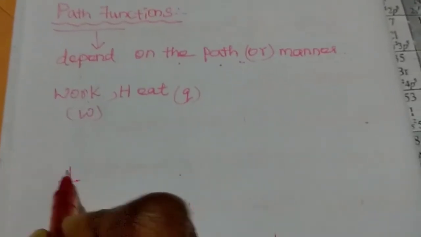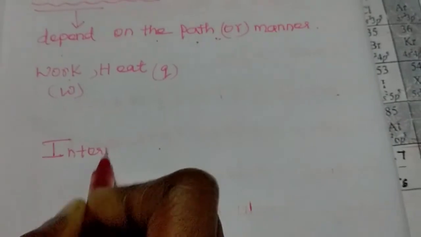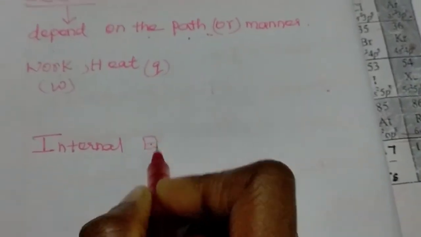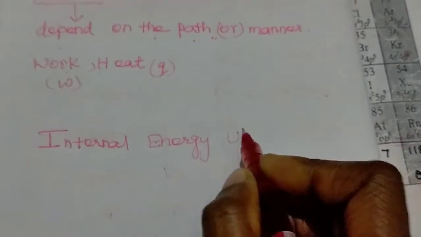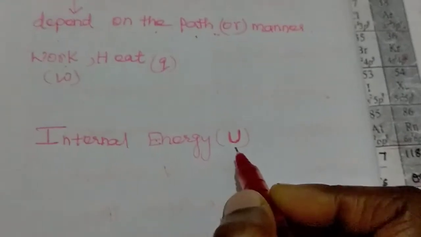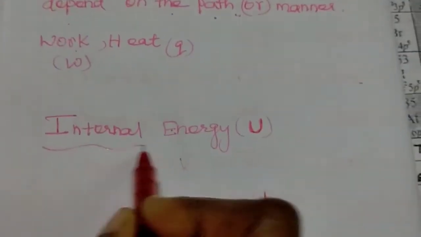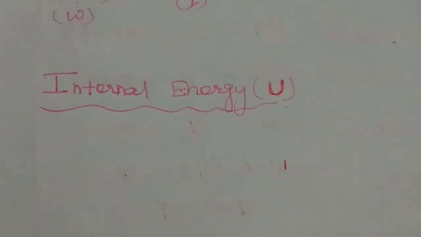One of the most important variables is internal energy, denoted here as capital U. What is internal energy?